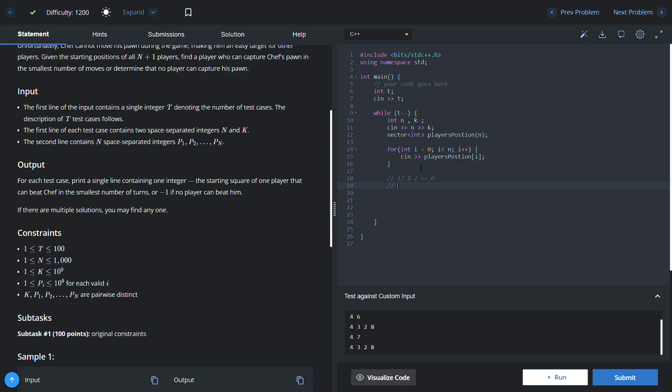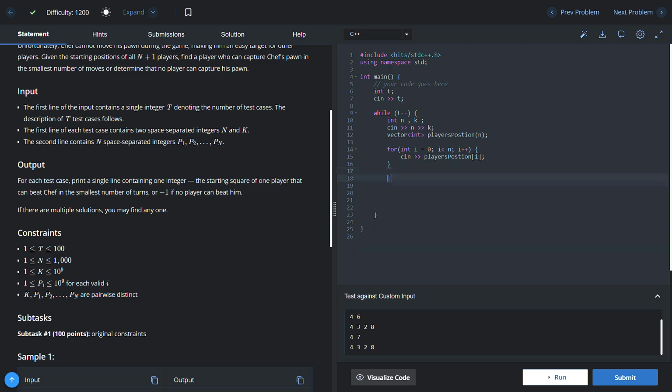Then for the next player we have a similar concept, like 3, we can catch the 12 by the player whose position is 3, right? Similarly, if we have a player at 5, as we know, 12 is not completely divisible by 5. It will leave some remainder. That means the player at position 5 cannot catch the chef's paw, right?